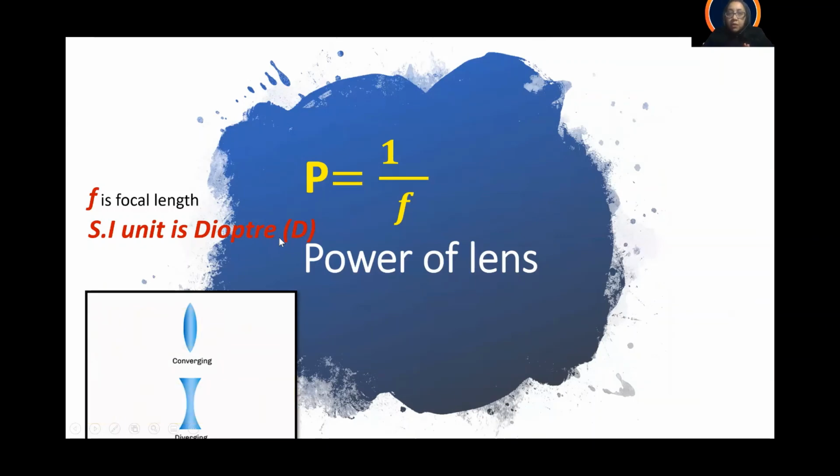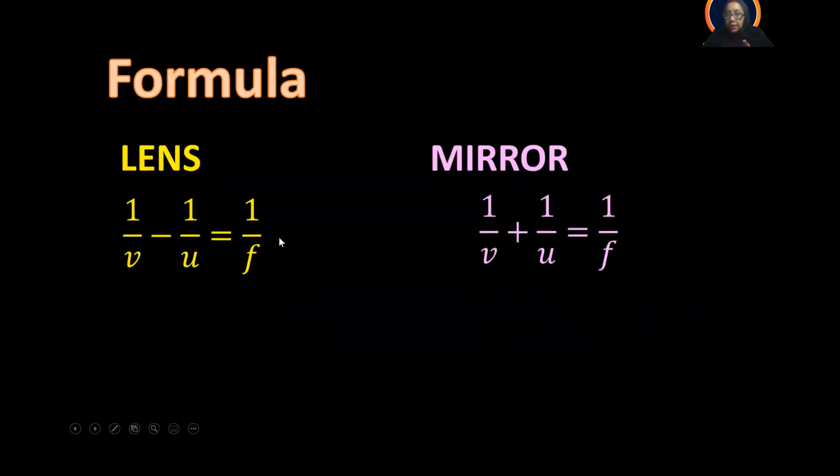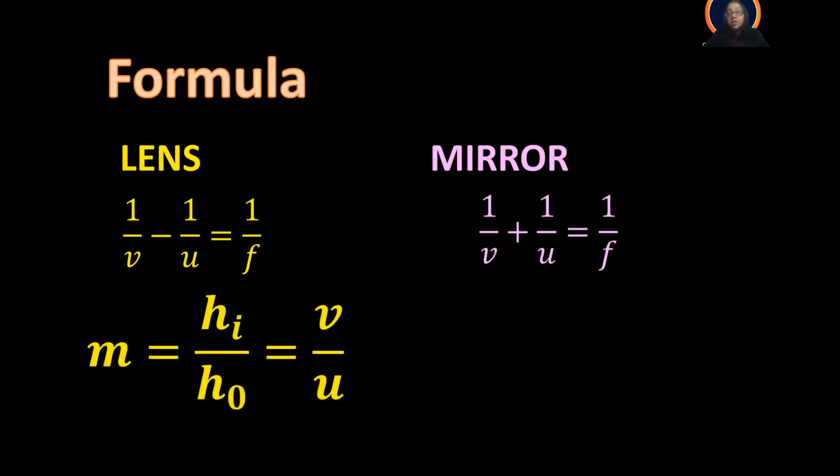Now, as I told you, I'm comparing the mirror formula versus the lens formula. If you see, everything is the same except the plus and the minus. The lens formula is 1 by V minus 1 by U equals 1 by F. On the other hand, the mirror formula is 1 by V plus 1 by U equals 1 by F. So mirror is plus and lens is minus for the formula. For magnification, it is just the opposite.